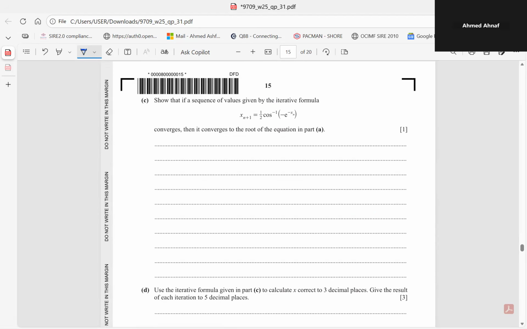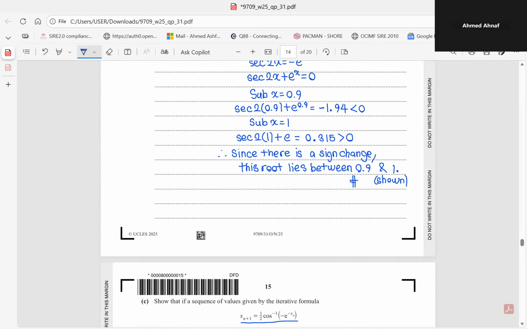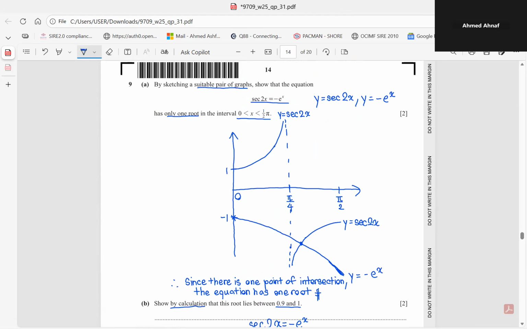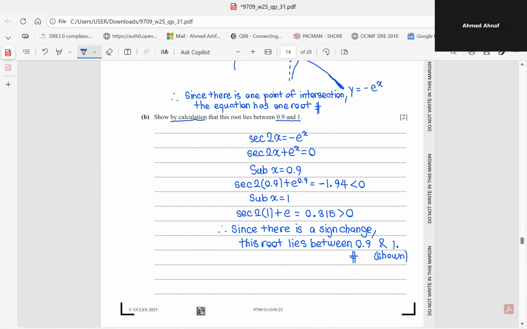Okay, so now we are told to show that if a sequence of values given by this iterative formula converges, then it converges to the root of the equation in part A. At first glance, the wording is very complicated, but what they want you to do is take the iterative formula and show that it reduces back to the equation that they gave us initially.